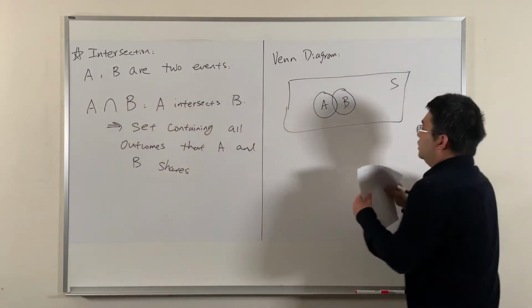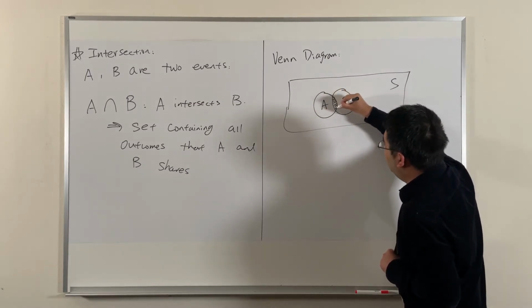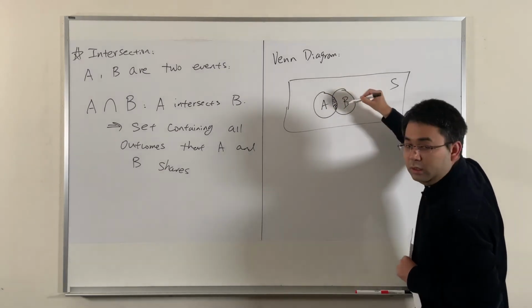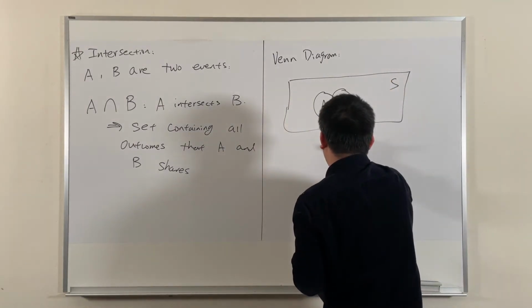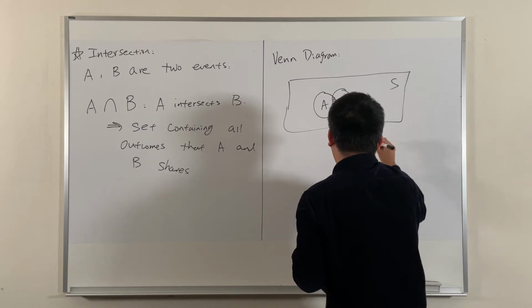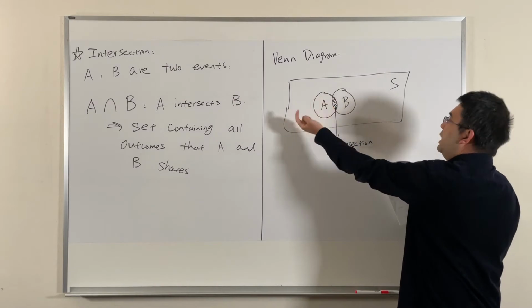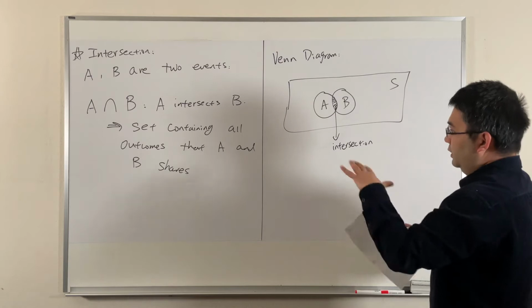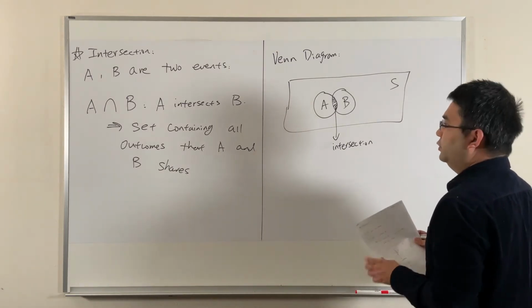This shaded area is shared by A and B, so it's in A and it's also in B. This shared area is what we call the intersection. So for an outcome to be in this set, it has to be in A and in B. Okay, cool. Let me give you an example to show you how you can find the intersection of two events.